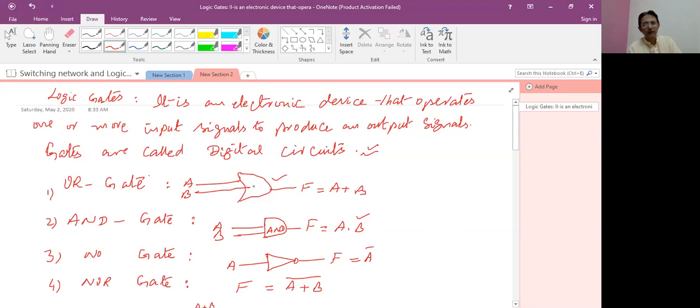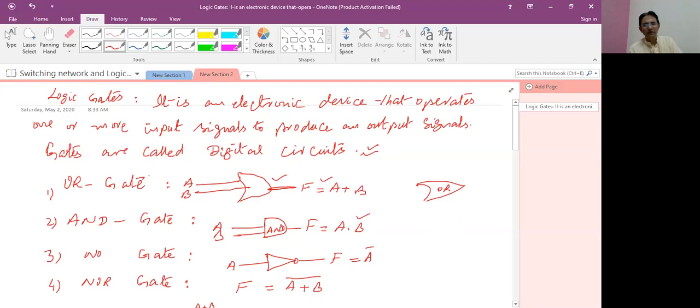Now what is the OR gate? When we apply this symbol, it is the OR gate. If the function is in added form, A plus B, there are two inputs, and f is equal to A plus B, which is called the output of the OR gate.